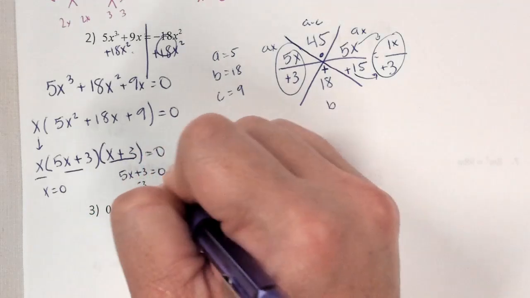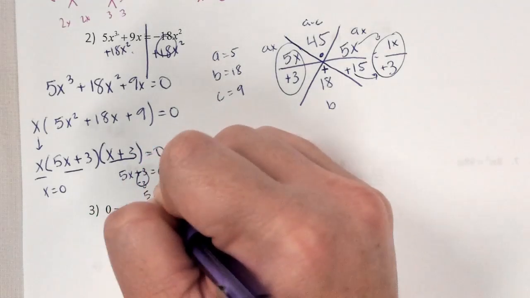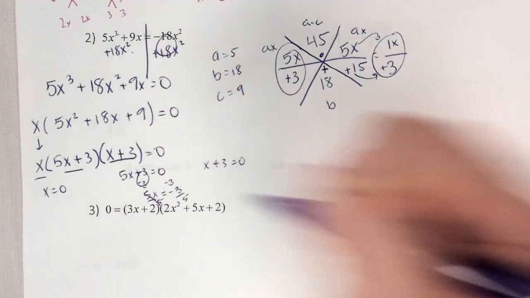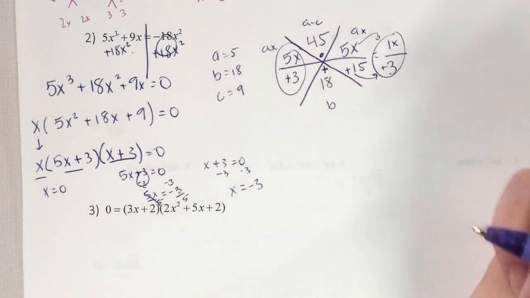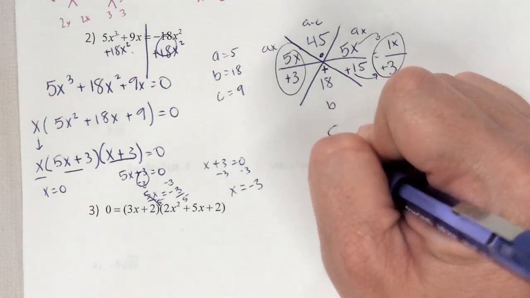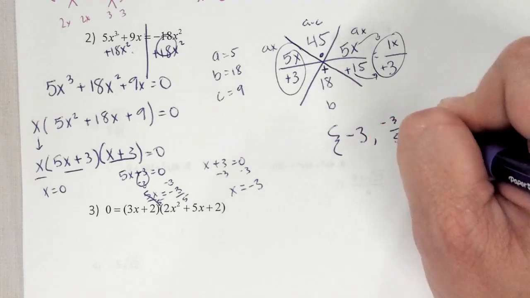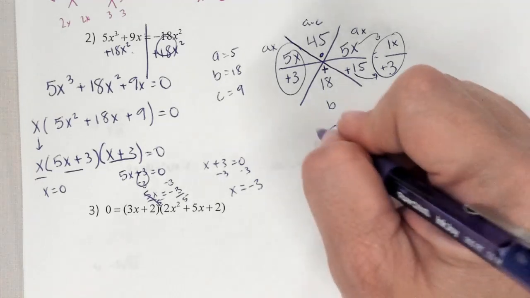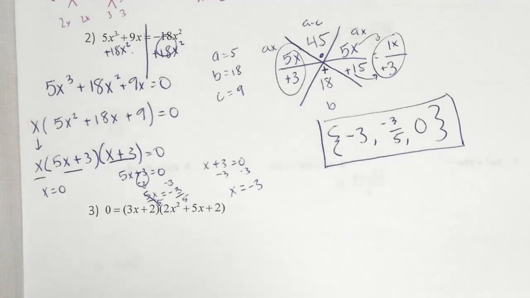So minus 3, 5x equals negative 3, divided by 5. We get negative 3/5. Minus 3, x equals negative 3. So I have negative 3, negative 3/5, and 0. Remember, we're writing them least to greatest.